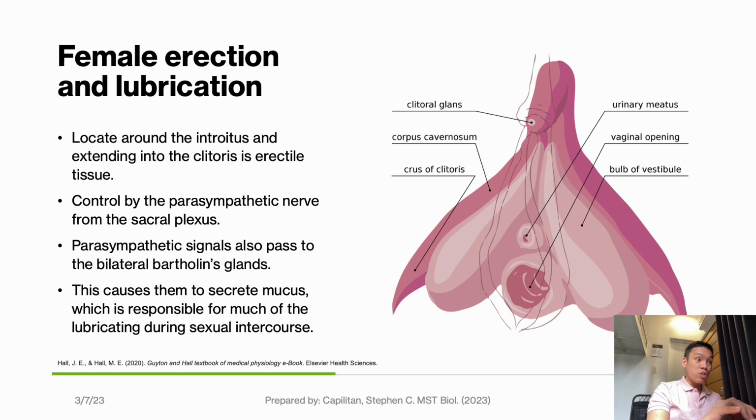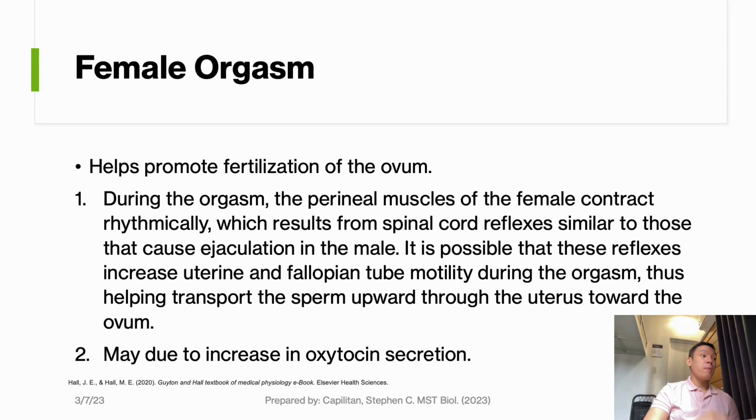You will see here the control by the parasympathetic nerves from the sacral plexus, with signals passing to the bilateral Bartholin's glands, which cause them to secrete mucus, responsible for much of the lubrication during sexual intercourse.